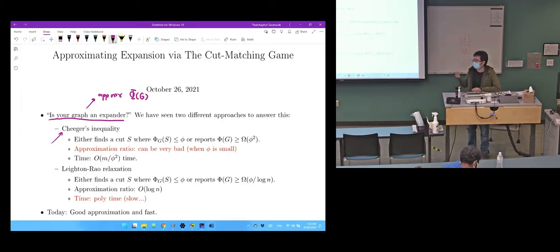That is, we do the power method, right? And the algorithm guarantees the following: it either finds a cut of conductance at most phi, or says that the graph has conductance at least phi square. So there is some loss in the square in this approximation.